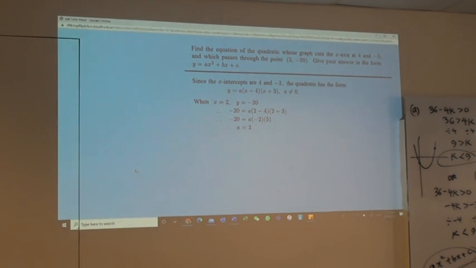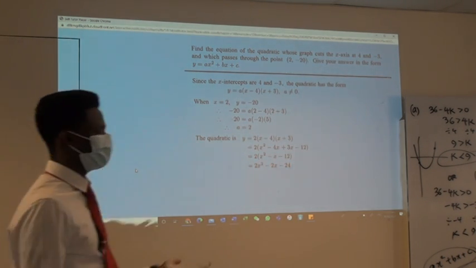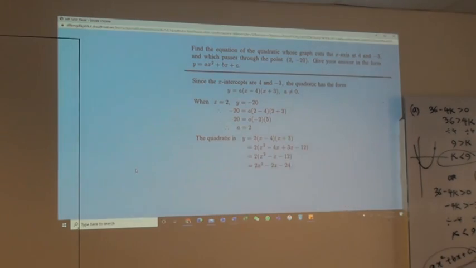We are asked to give our answer in general form for a quadratic function. So, we take our quadratic in factored form, expand the brackets, and then apply the distributive law. Okay? So just expand and that's it.